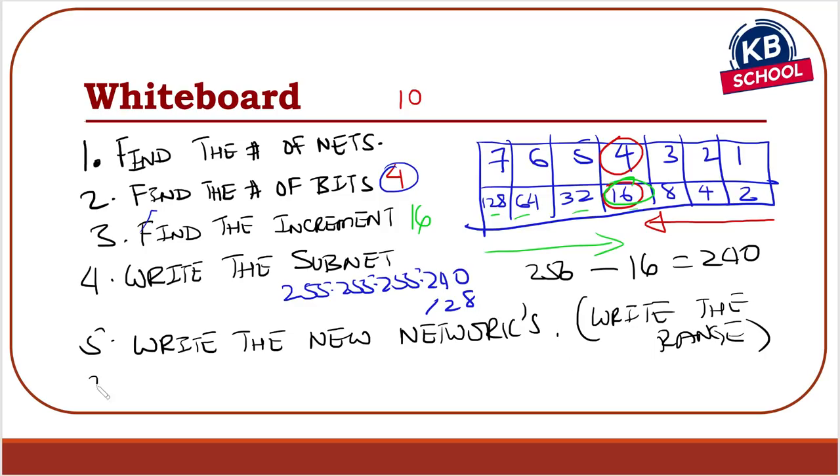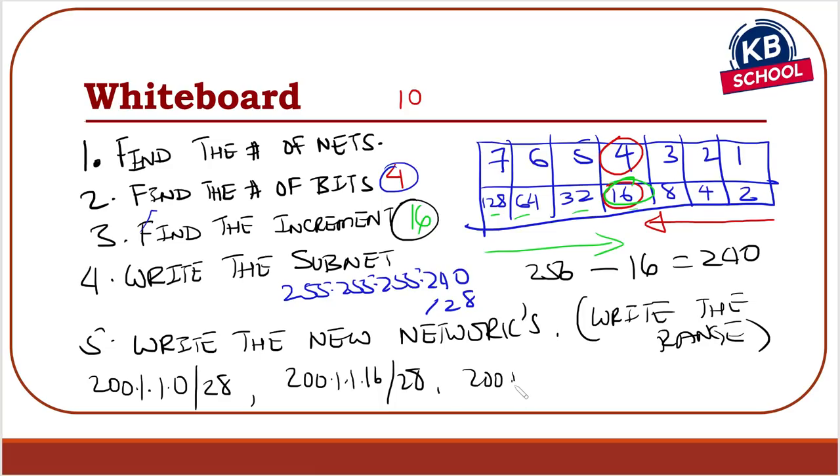Start with 0. So if I started with 200.1.1 as my first network, 0 is my first network /28. My second network would be 16, because my increment is 16. So 16 /28. The third network, 32 /28. The next one, 48 /28. So on and so forth.